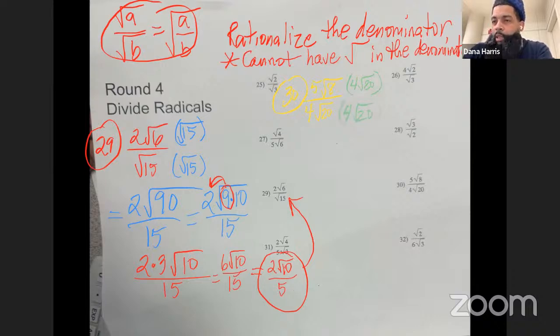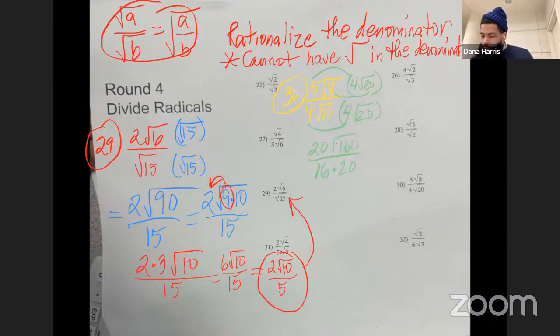So now in the denominator, 4 times 4 here is 16, and then times 20. In the numerator, 5 times 4 is 20. And then 8 times 20 is 160, so square root of 160.